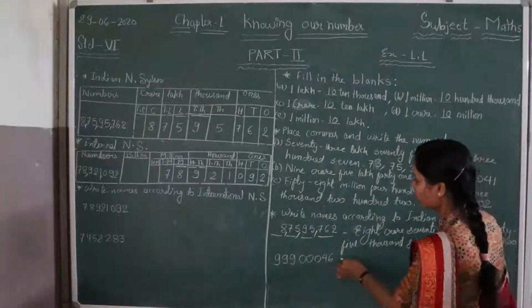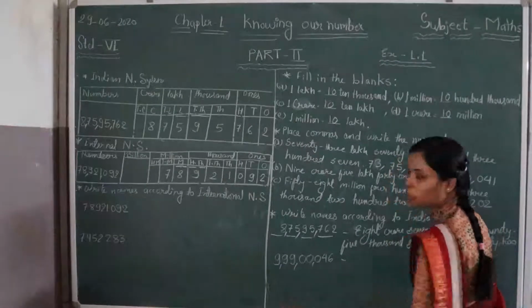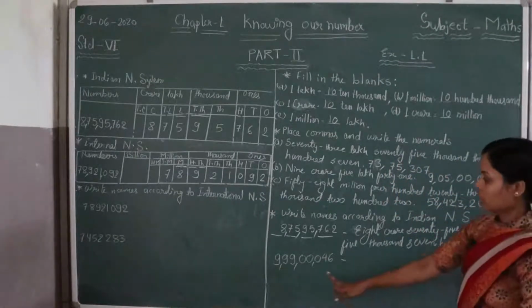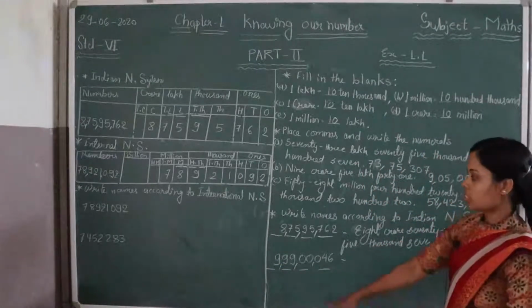And look at here, we also put commas here: 3, 2, 2. Okay, so this is crore value, this is lakh, thousand and ones.